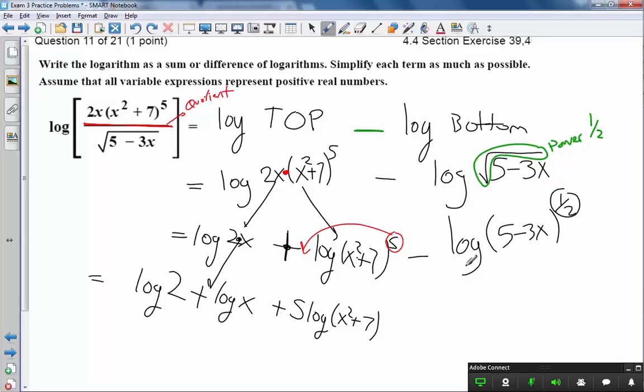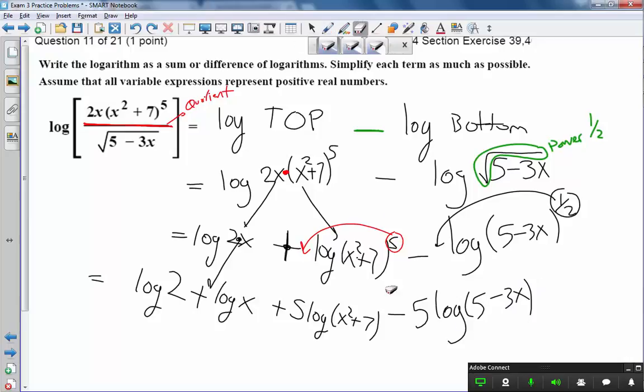Yep, just like the 5 went outside, this guy goes in front. Oh, sorry, it's out. Fixed. Any more steps can you do here?